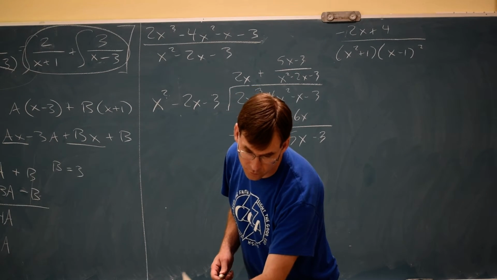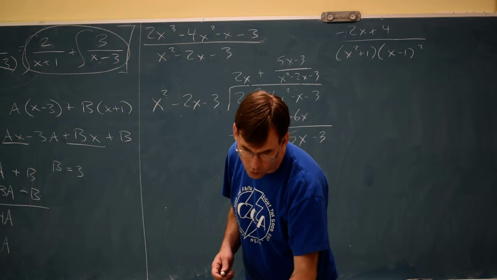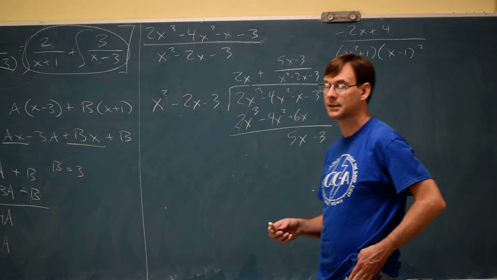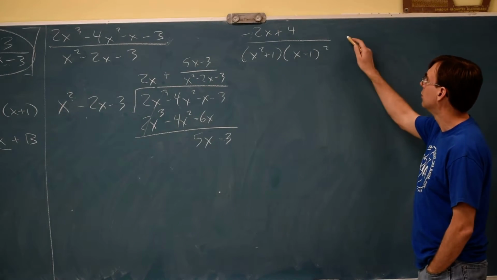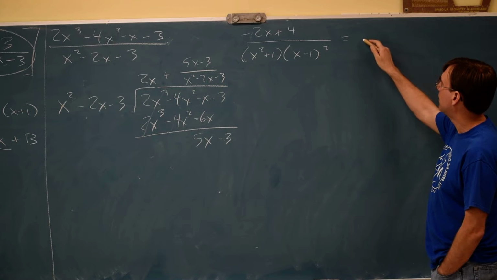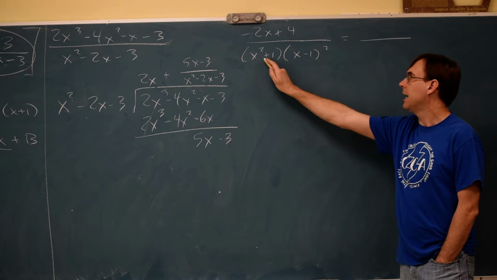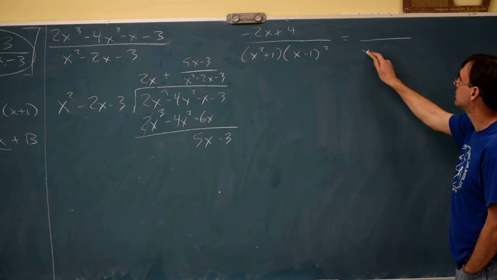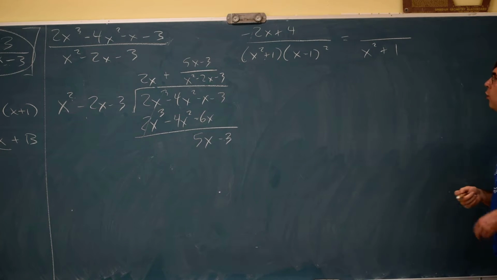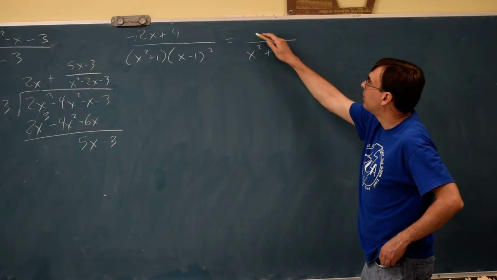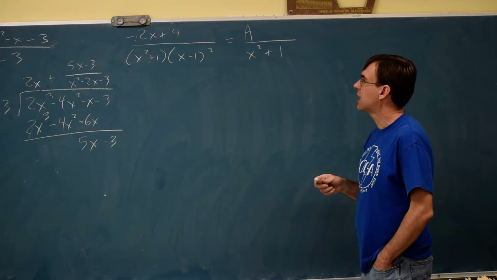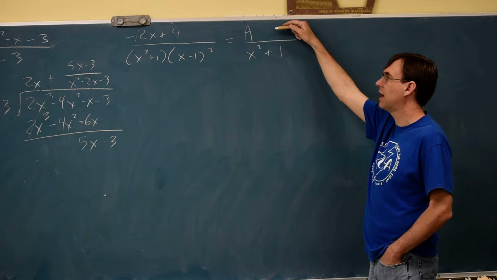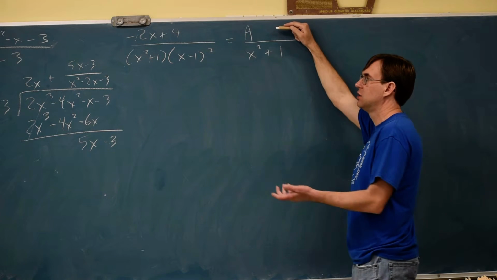Okay, example 4 is the last example. We'll do 2 things with this. They're giving you 2 different things about this. Anytime the bottom has a power higher than just an x, so if we have an x squared plus 1, the top is maybe not only just having a number, but it could have a number and it could also have an x kind of thing and still be proper.